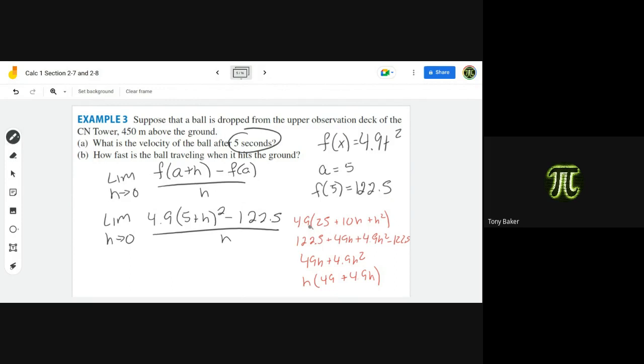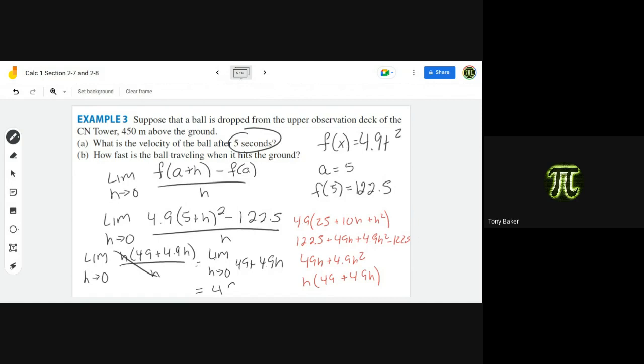If you simplify the top down, you should get 122.5 plus 49h plus 4.9h squared minus 122.5. So the 122.5s cancel out. You end up getting 49h plus 4.9h squared. I can factor out an h. That's important because when I can factor out the h, that means those h's can cancel out, and I have the limit as h goes to 0 of 49 plus 4.9h.